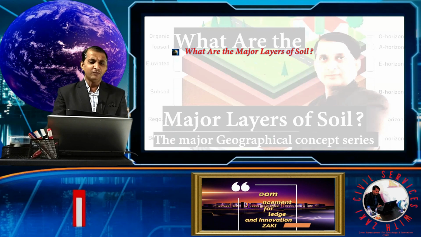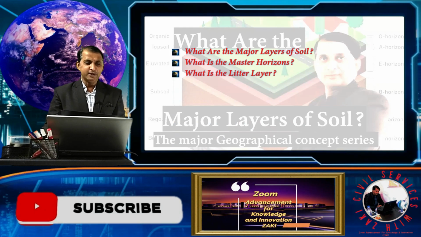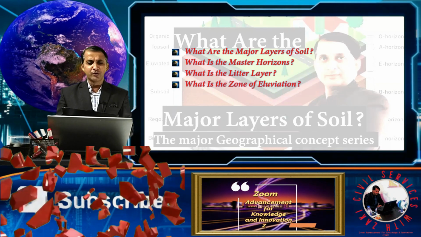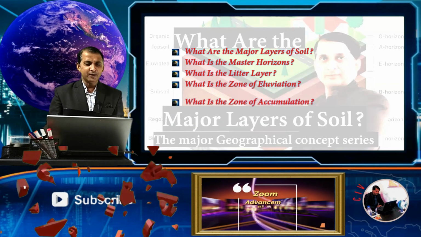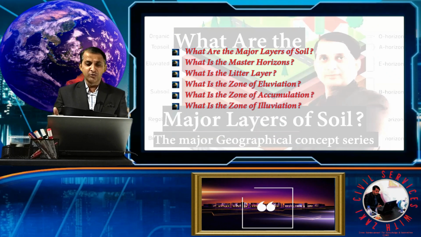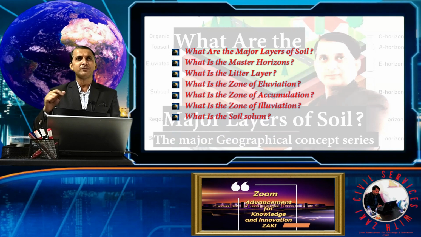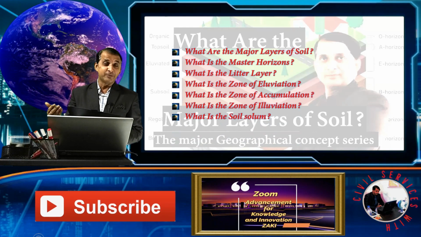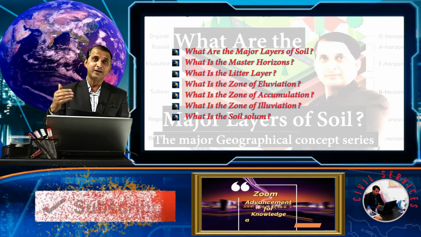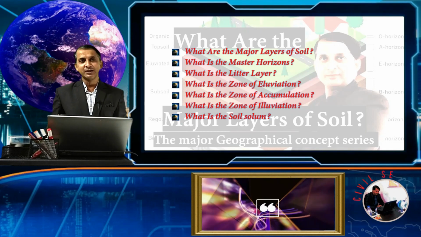These topics are: what are the major layers of the soil, what are the master horizons, what is the litter layer, what is the zone of eluviation, what is the zone of accumulation, what is the zone of illuviation, and also what is the soil solum. If you want to know all these topics and the answers to these questions, then stay with us till the end of this video.